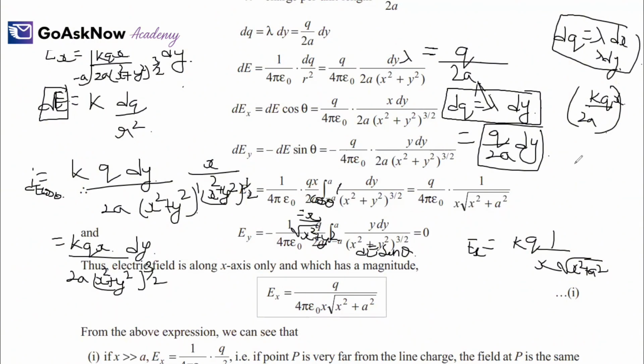So you just have to integrate minus a to a upon x square plus y square to the power 3 by 2, with dy. So this integration, if you integrate it, you will get the answer as x into root x square plus a square. Just integrate it and you will find the value.